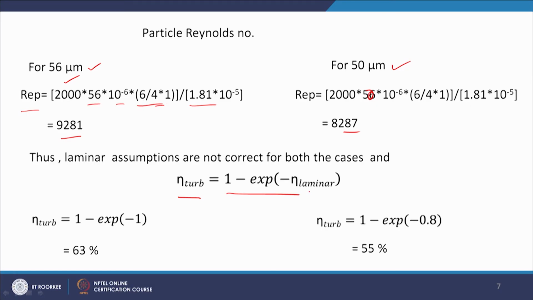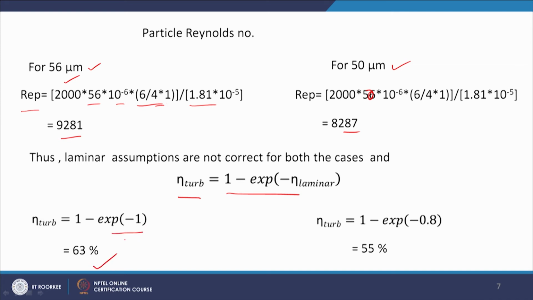The efficiency in case of turbulent flow will be 1 minus exponential of minus the efficiency at laminar flow. We put in these values. For the first case, the 56 micrometer particle size, we have 100% efficiency. So, eta turbulence equals 1 minus exponential minus 1, which is equal to 63%.